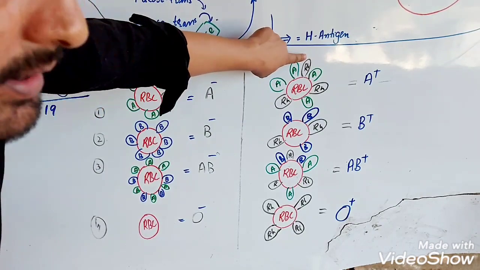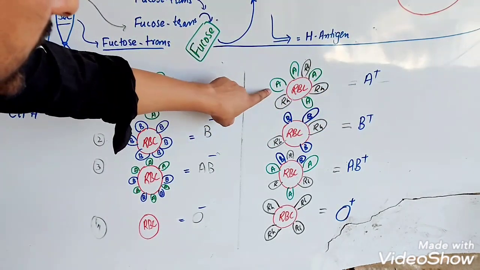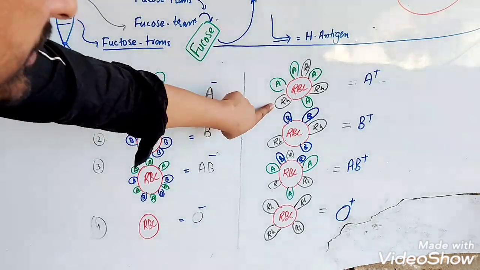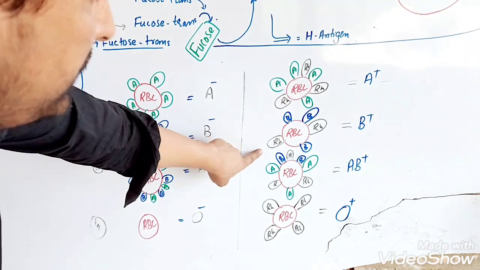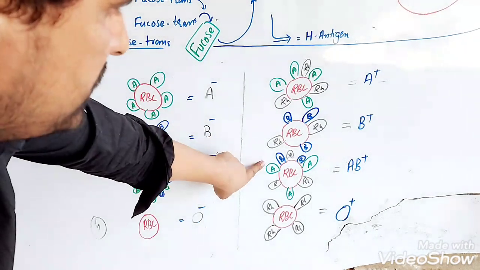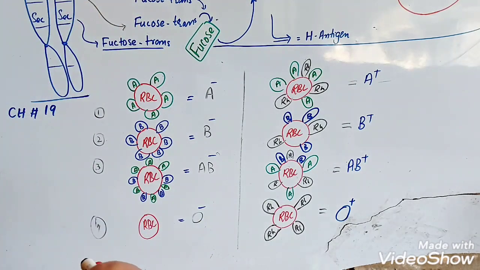So the presence of Rh antigen indicates the blood group is A positive. A because of antigen A and positive because of Rh antigen, and the same in the case of B, the B antigen and Rh antigen, the blood will be B positive. Both antigens A and B with Rh antigen is AB positive, while if only the Rh antigen is found on the RBCs, the blood group is O positive.